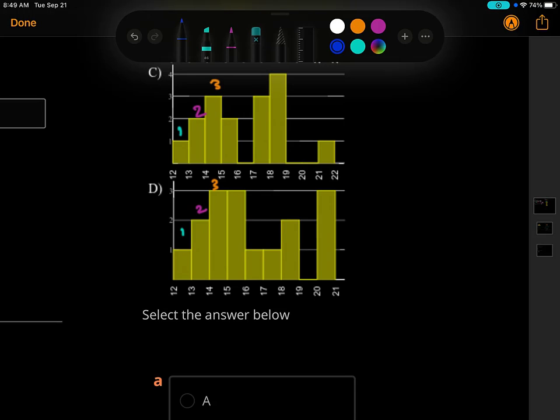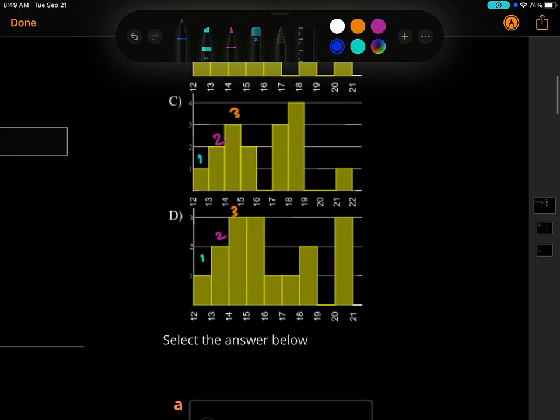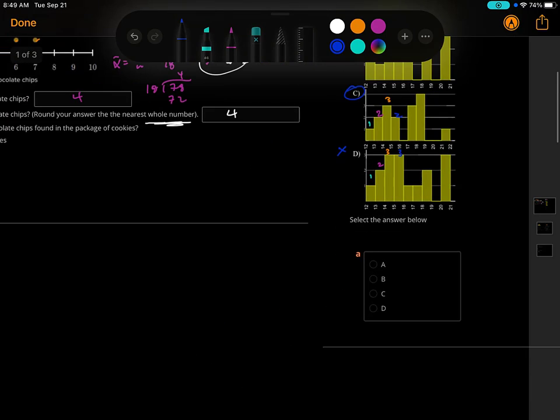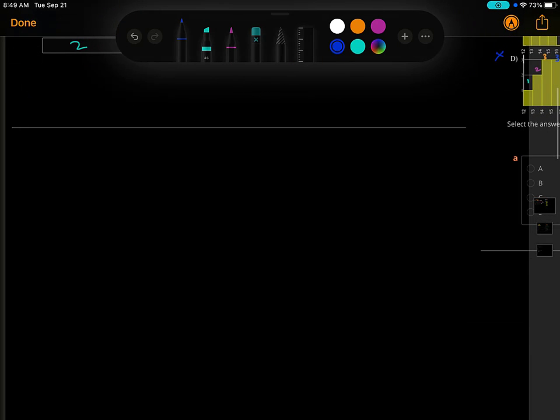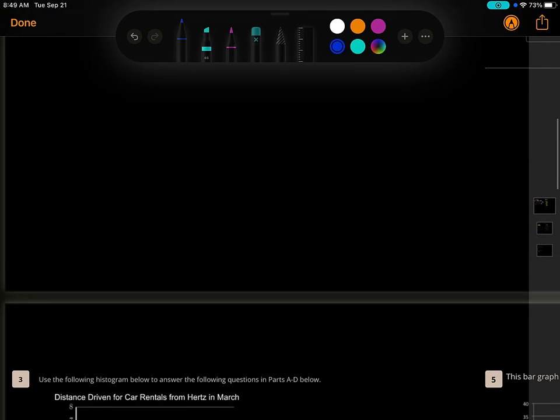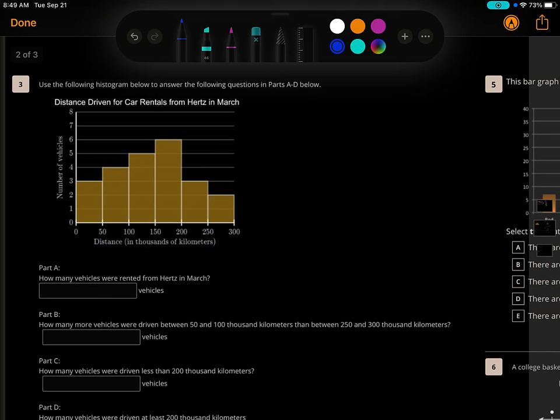All right, let's look at the 15s. I have 2 15s. This one has 2. This one has 3. So our answer for the multiple choice is C. I made multiple choice 2 points, and then every box you had to do was worth 1 point.